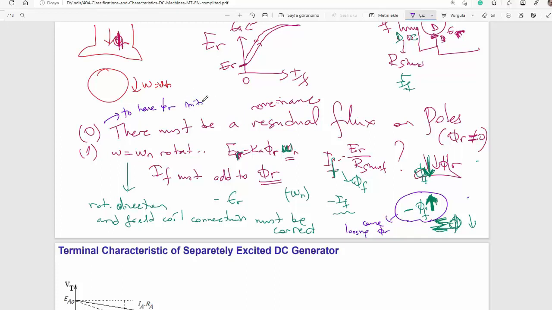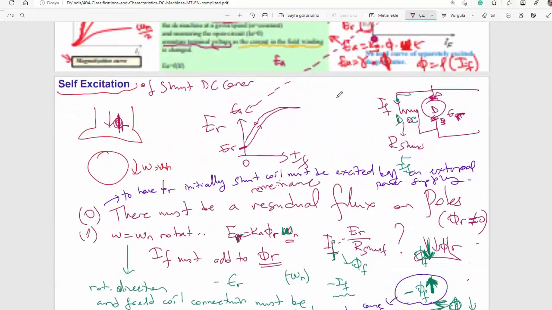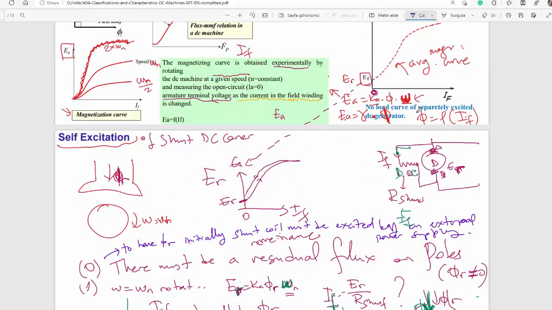So to have phi, initially the shunt coil must be excited by an external power supply. Okay, first of all, you have a brand new shunt generator. There is no current yet. You are on a mountain.